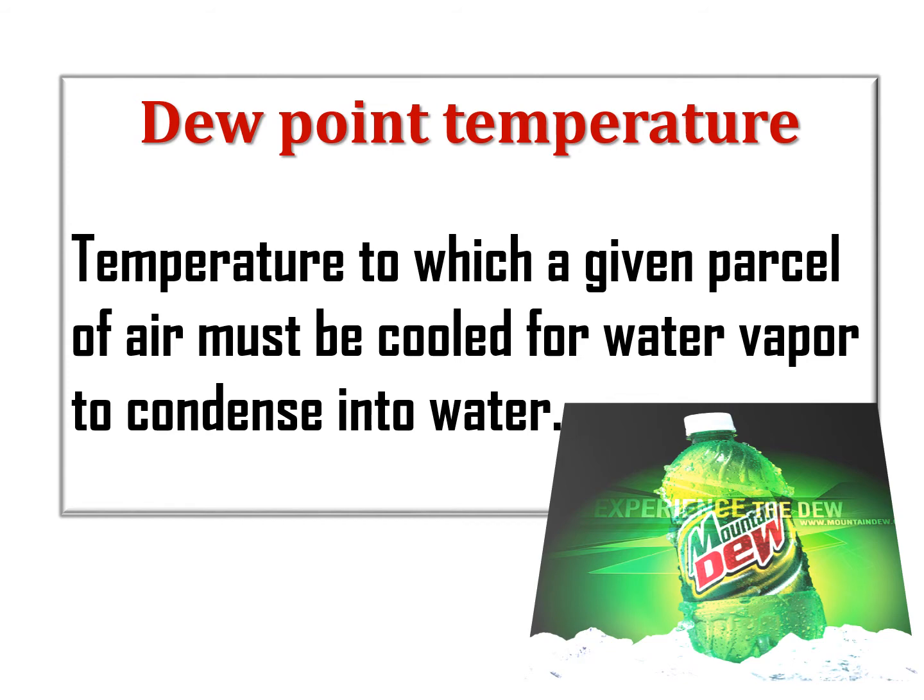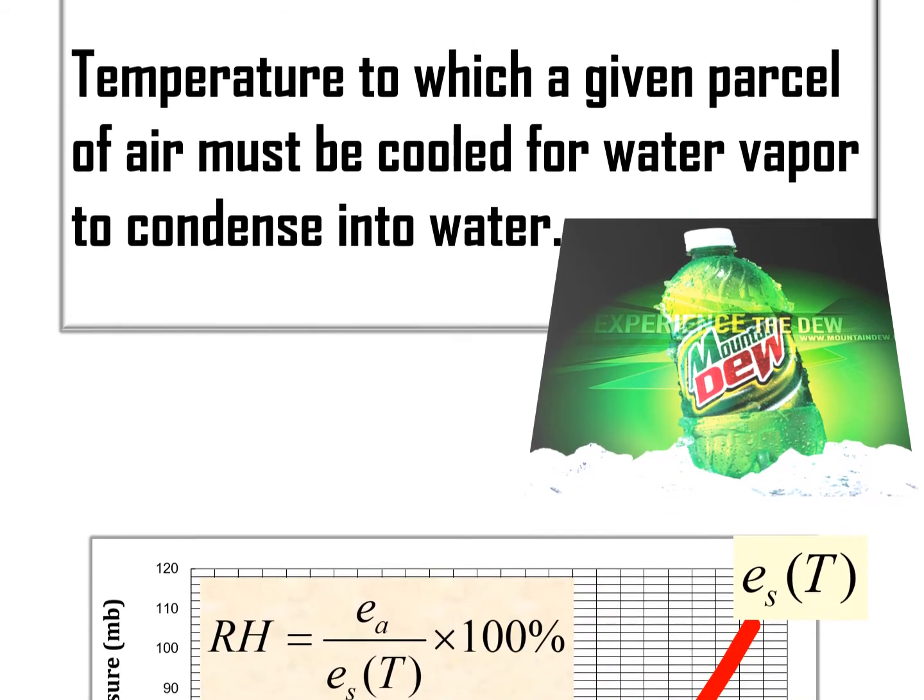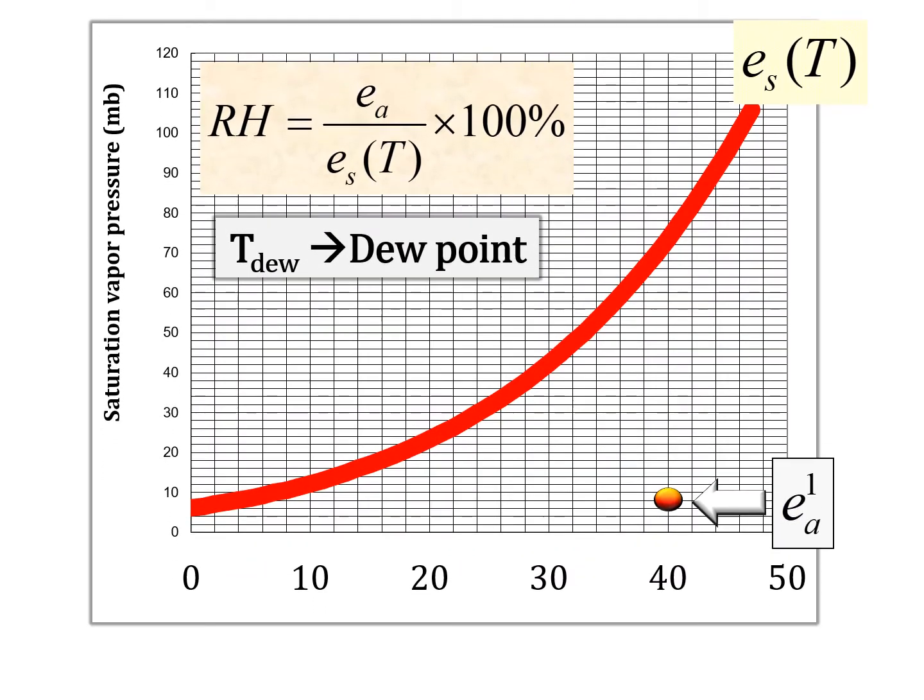Dew point temperature is so important, so we must use more examples to understand its physical meaning. Here you see at 40 degrees C, this is the vapor pressure. It's very low.